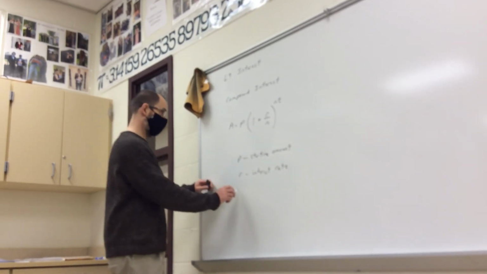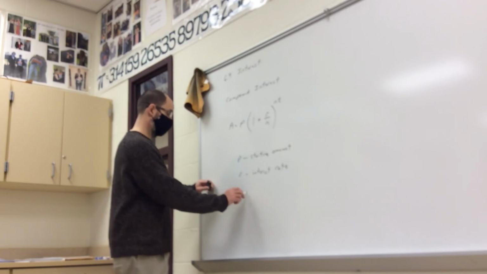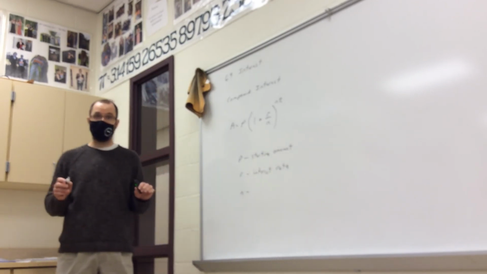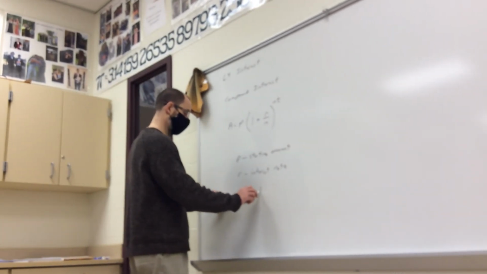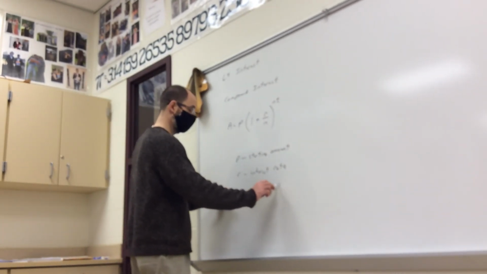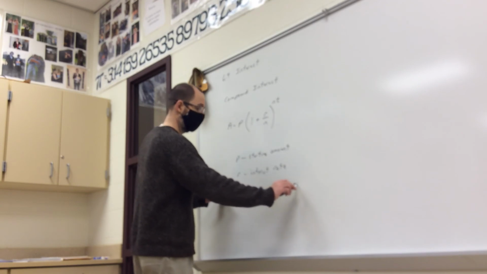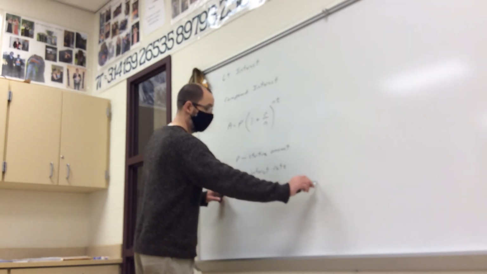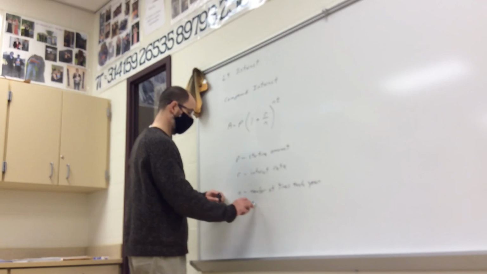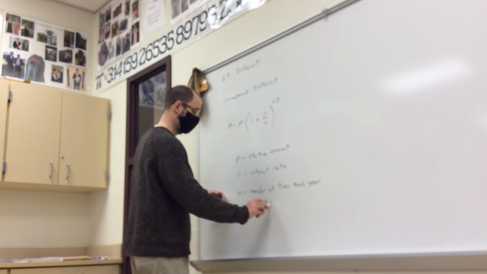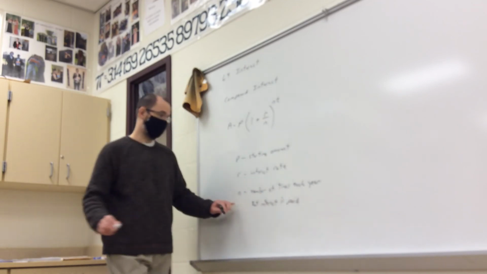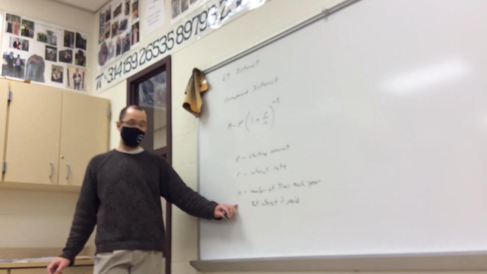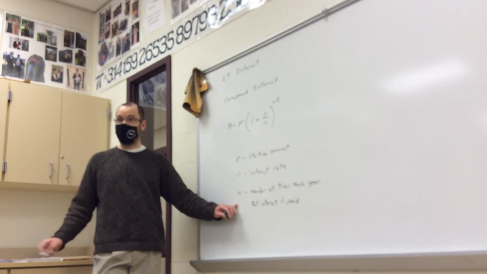All right, and then the N is the number of times each year that interest is given. I guess maybe better, interest is paid. So N stands for the number of times each year that interest is paid into the account.